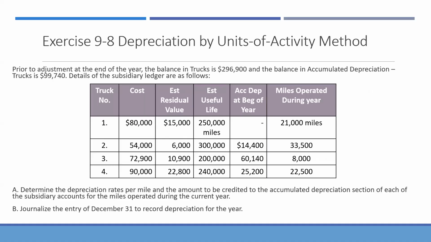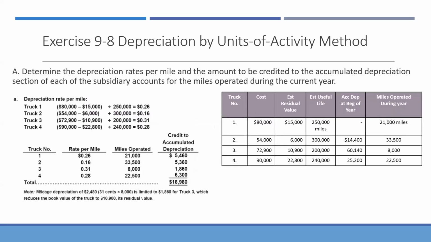So we have to take cost minus the residual value, divide by the total amount of miles, and then multiply by the amount of miles in the current year. And in this case, it's fairly simple to compute the amount of miles every year.